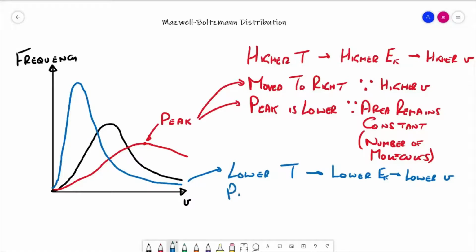So the peak has moved to the left because of those lower speeds, and then, as we said, the peak will move up, because we still need to keep the area under the graph as a constant.